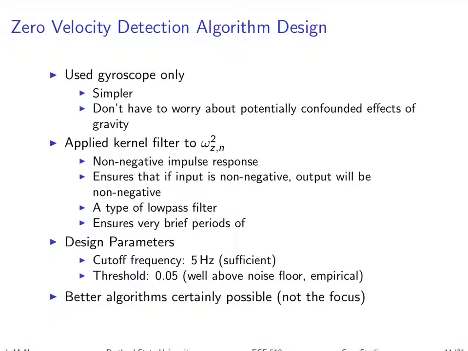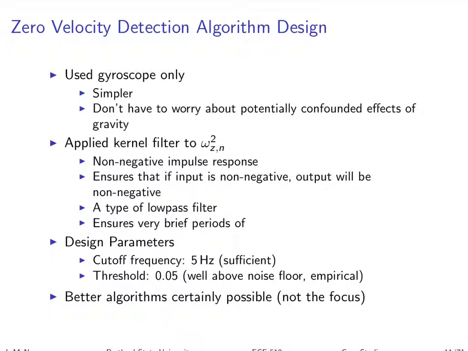I applied something called a kernel filter that's related to the kernel smoothing we did earlier. It's basically a low-pass filter that has a non-negative impulse response. So that means it never produces an output that can go negative as long as the signal coming in is not negative. So it's just a type of low-pass filter that I like to use in a lot of my applications. And I'm sorry this got cut off here. I don't remember what I was going to say there.